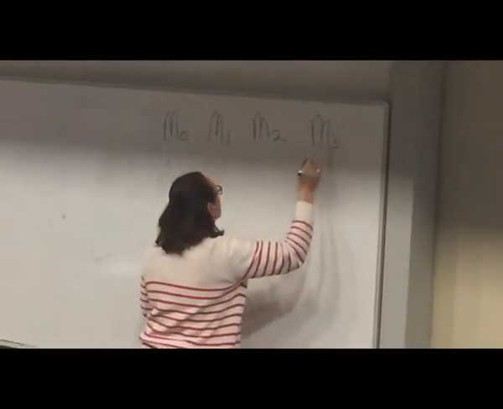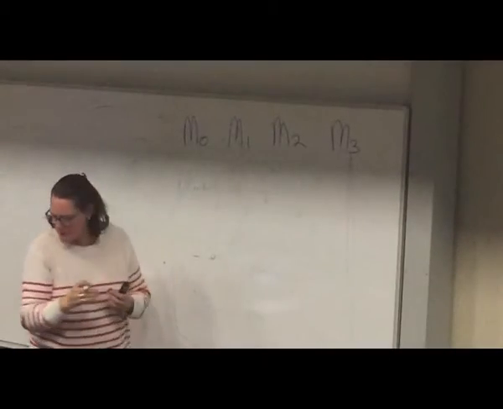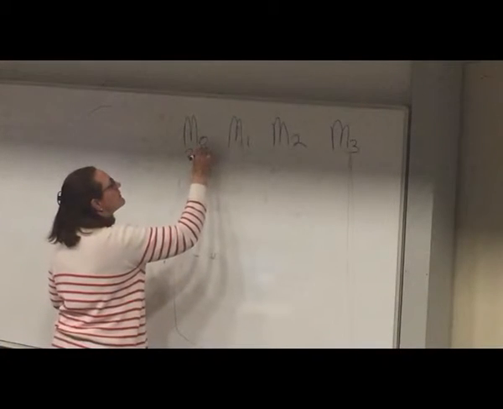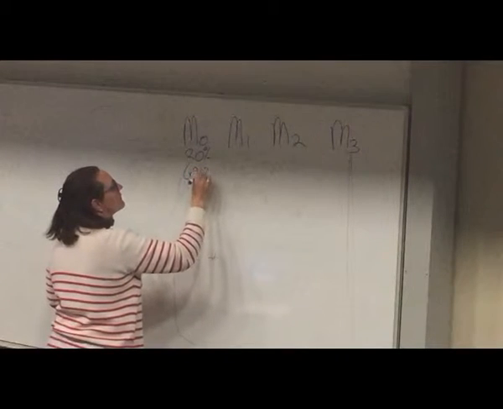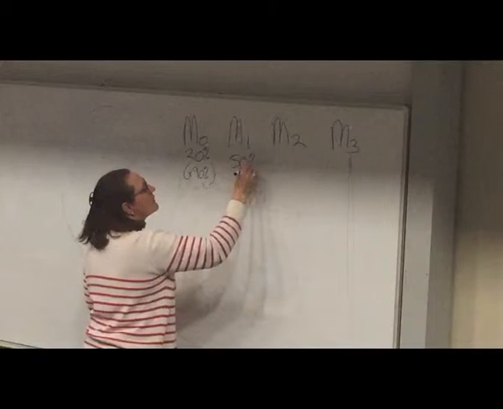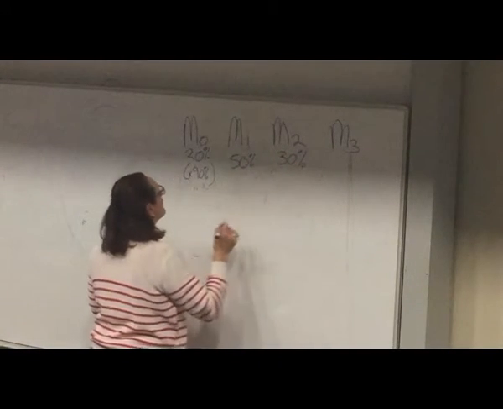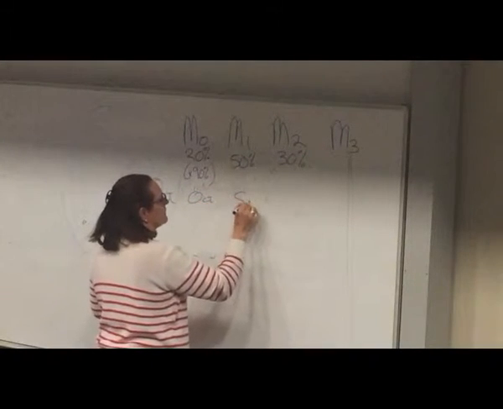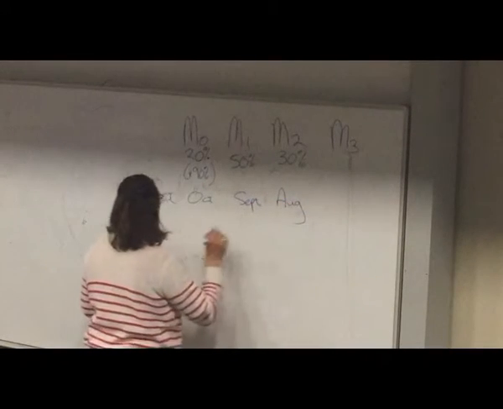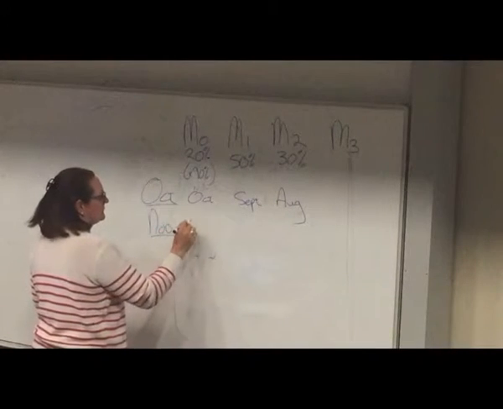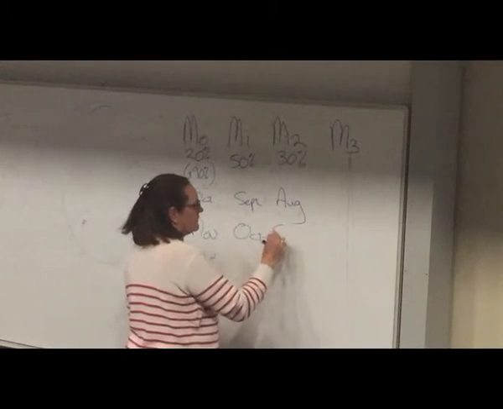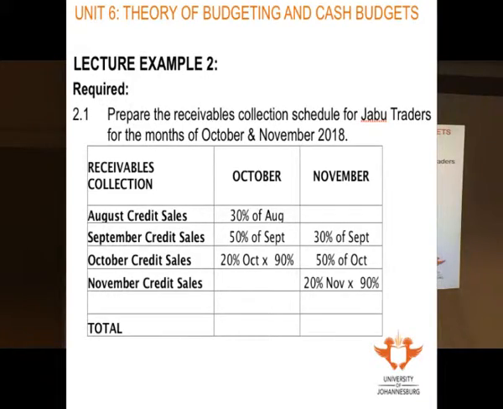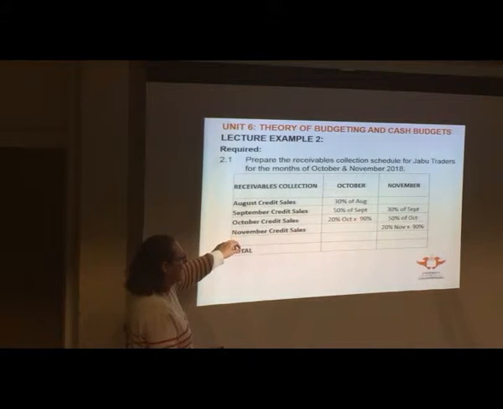M2, M3. And M0, what percentage? 20. October in October, 20% of the people who bought in October pay in October and get a 10% discount.